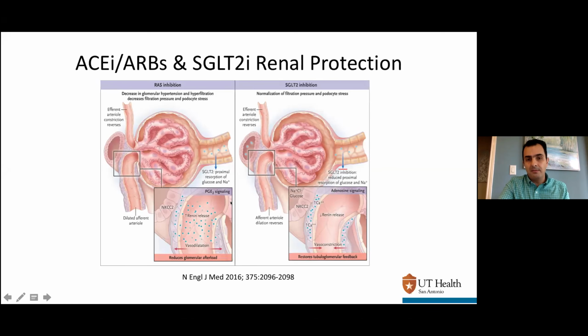Both of them will lead to a reduction in the intraglomerular pressure. When that happens, you're going to see an increase in the creatinine and a dip in the GFR, but over the long term, relieving the pressure from the glomerulus will be very protective for the podocyte, and these patients will do much better over the long term compared to patients who have a supernormal GFR or hyperfiltration.